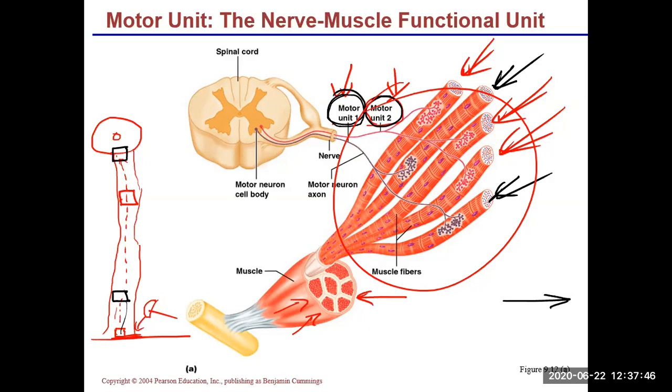Sometimes we may not be able to recruit all these muscles, and as a result, the strength may not be there. Another thing that is more beneficial that you can think about is exercise. When you exercise, your heart rate goes up, your blood vessels dilate, and you bring in nutrients everywhere, including the muscle.